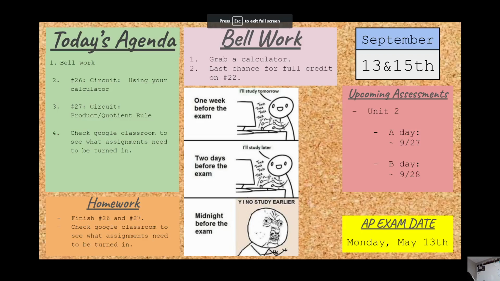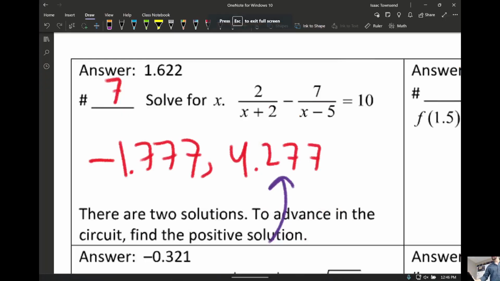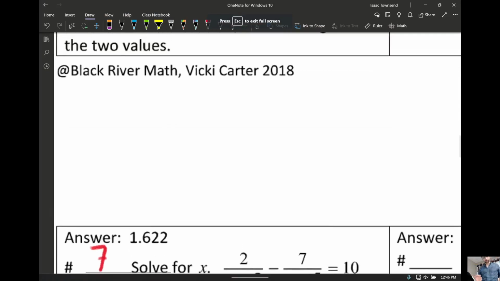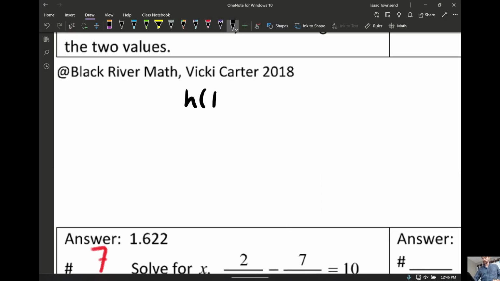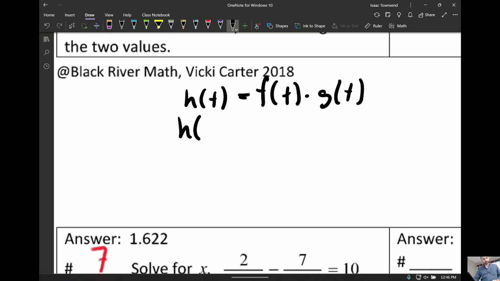What I would do if I was you on this is, this is h of t. You want to know h prime at 5.